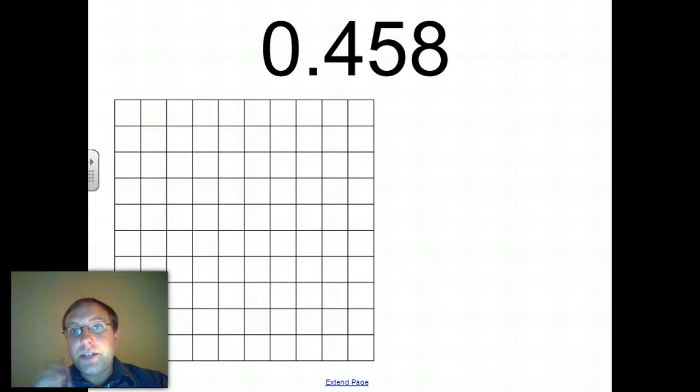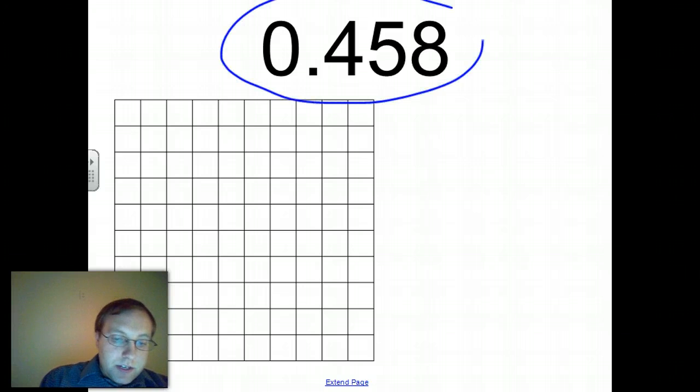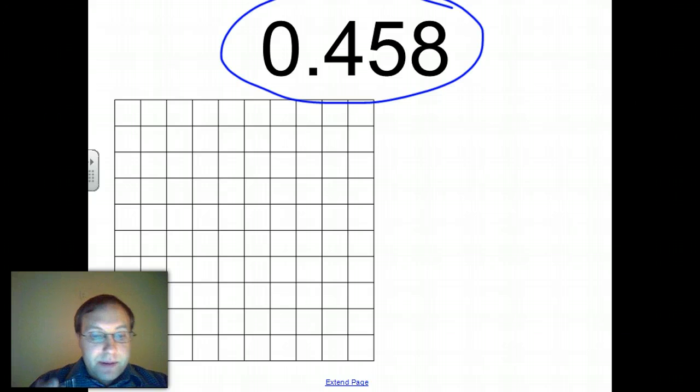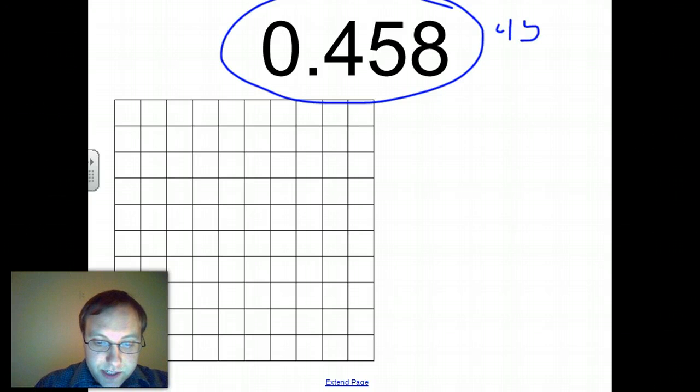But we can use that trick that we had before, where we name the decimal and we can use it to write the fraction. But I'm actually going to show you a different way of doing it also. So if we name the decimal as 458 thousandths, which is what it is in place value, we can write that fraction here, 458 thousandths.